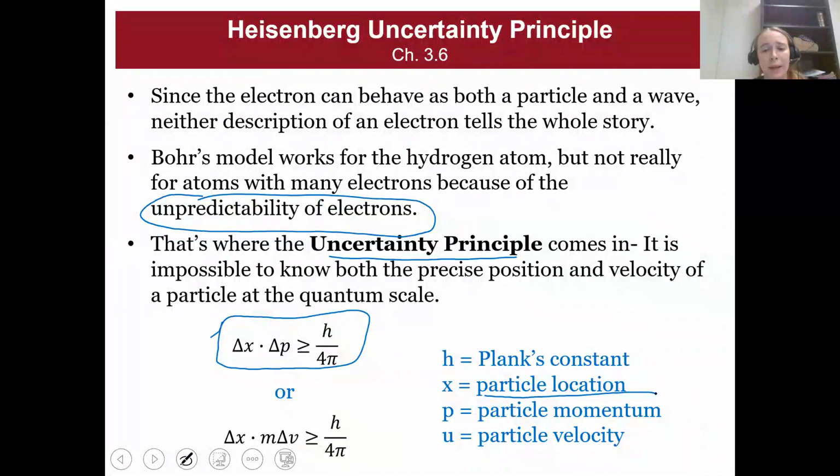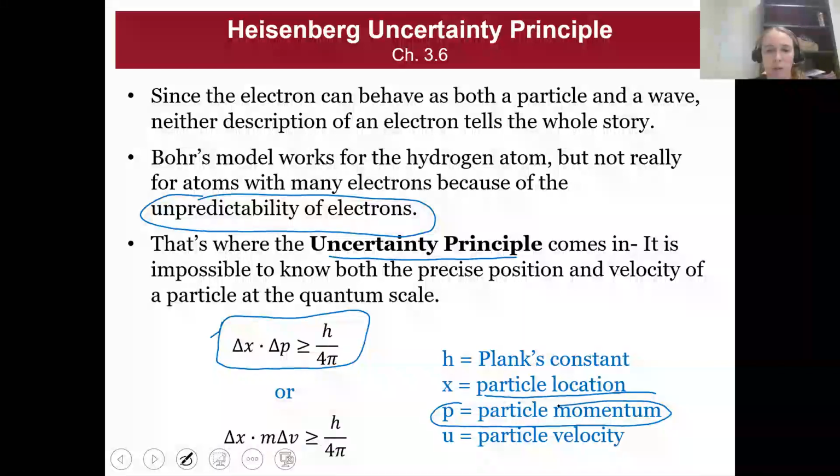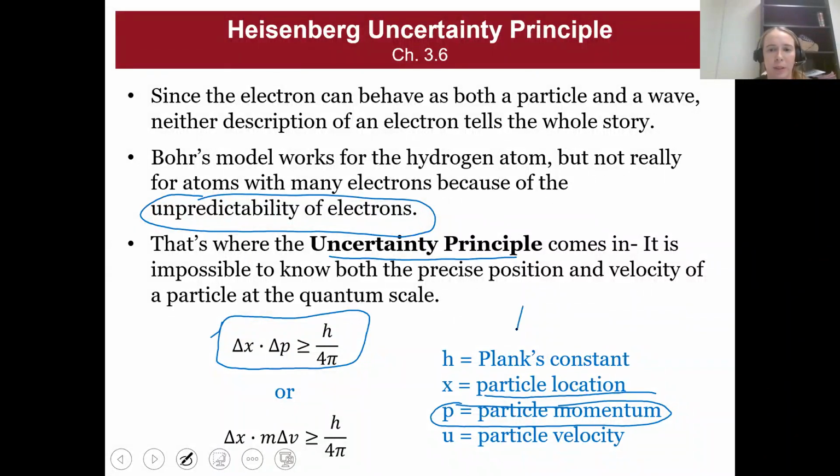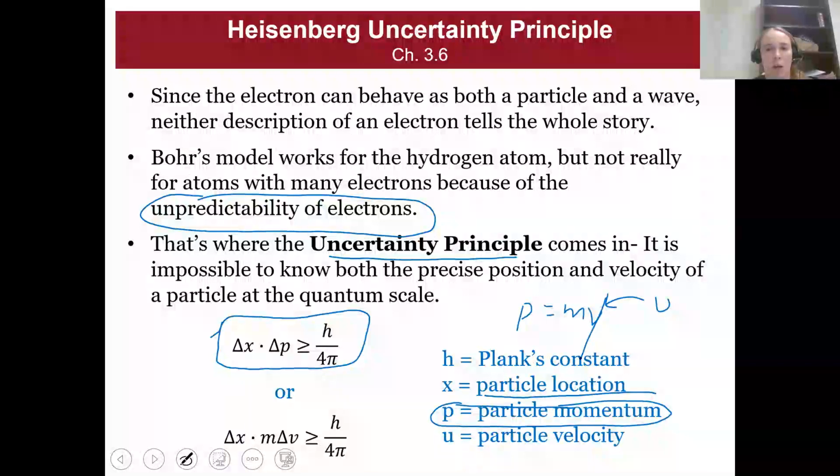And delta p, p is the momentum of the particle, but momentum is just equal to mass times velocity, or I guess that should be a u. We like to use u now.